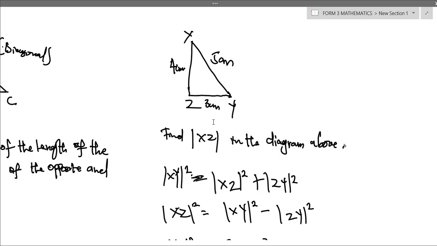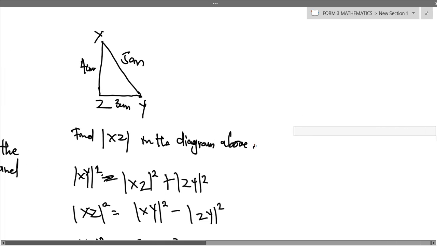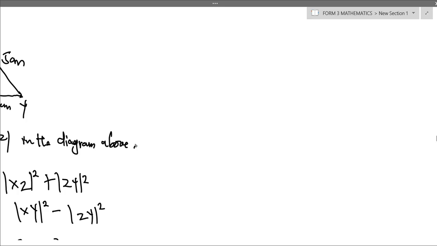And we also talked about Pythagoras triples. We said there are mostly pairs of three values that fit into the Pythagoras theorem.